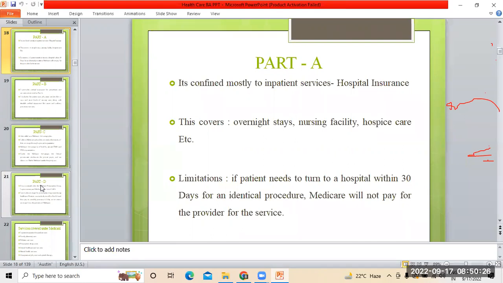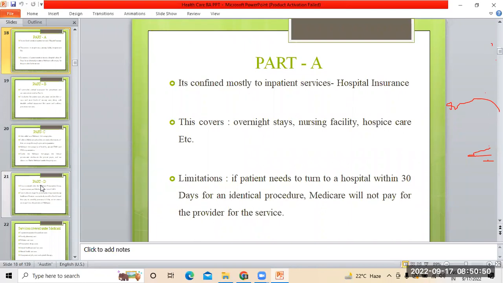Outpatient services are where a person goes to the doctor, meets the doctor, and takes a treatment, medicines and so on. Inpatient services are when people are admitted to the hospital. Part A is the section majorly confined to inpatient services, like hospital insurance.